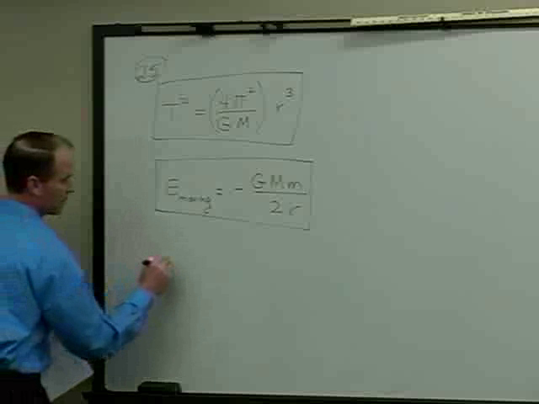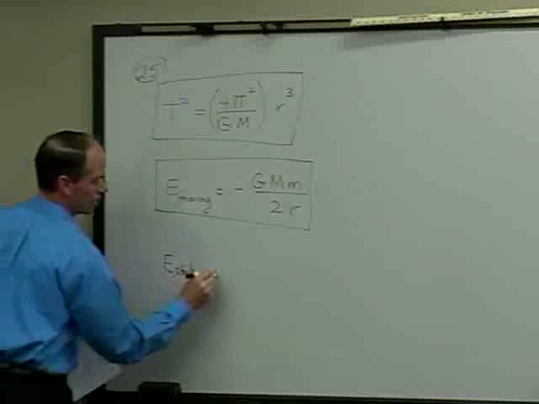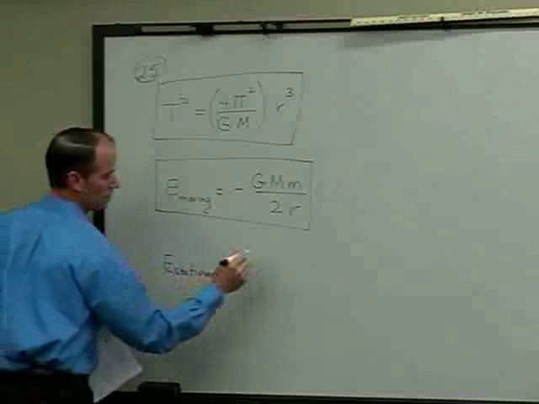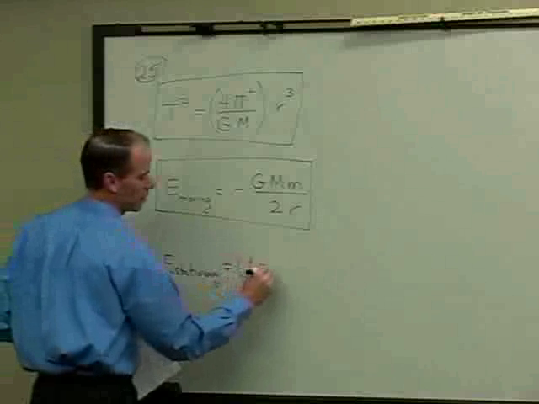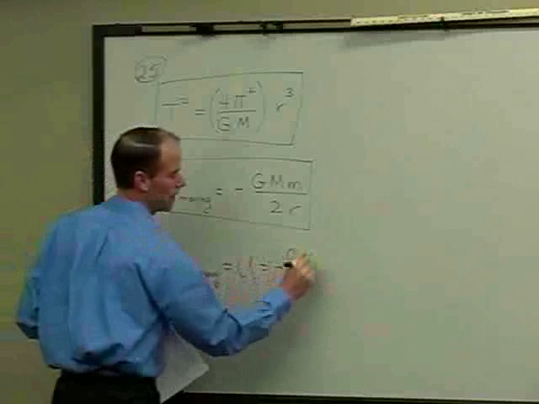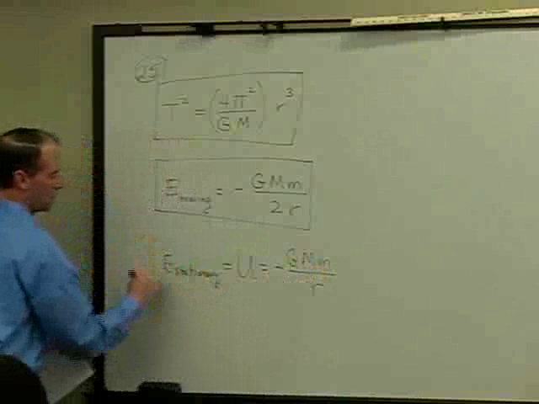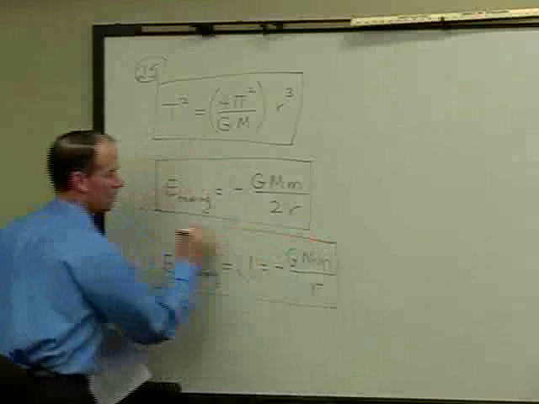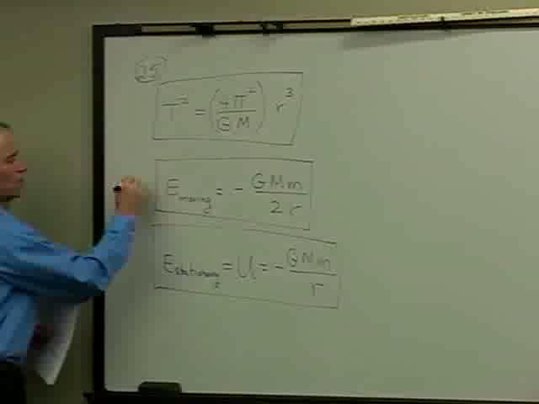And if you're stationary, then your binding energy is just equal to your potential energy, negative G M m over r. Not too many satellites are really stationary, so in this case, we're going to use this.